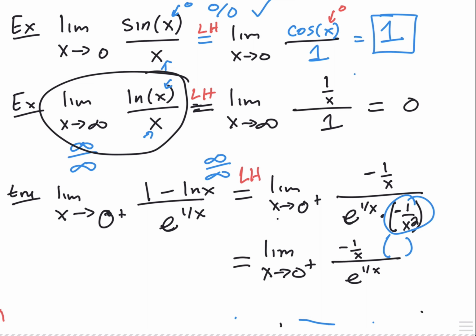Now, when you multiply minus 1 over x and minus x squared, you get plus what? Just x, right? Okay, now is that any better than what you had?